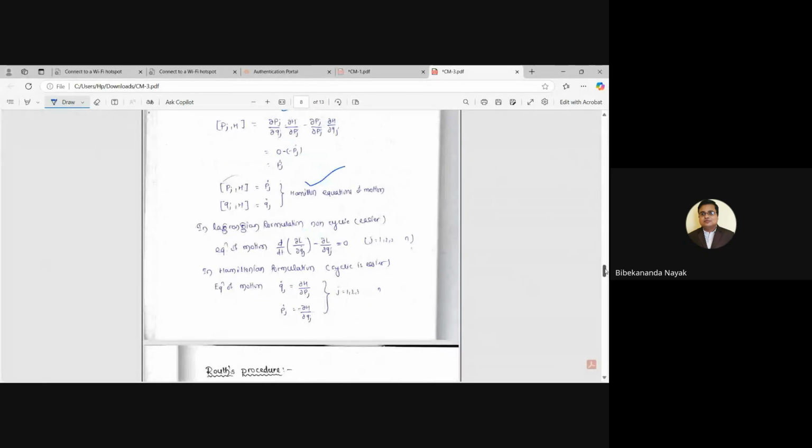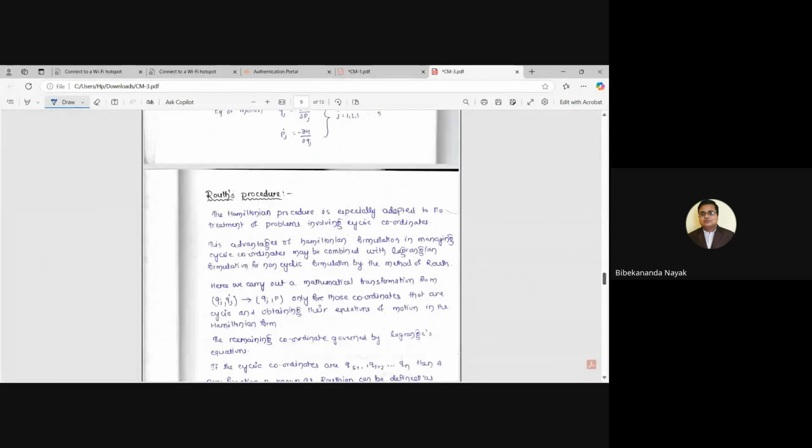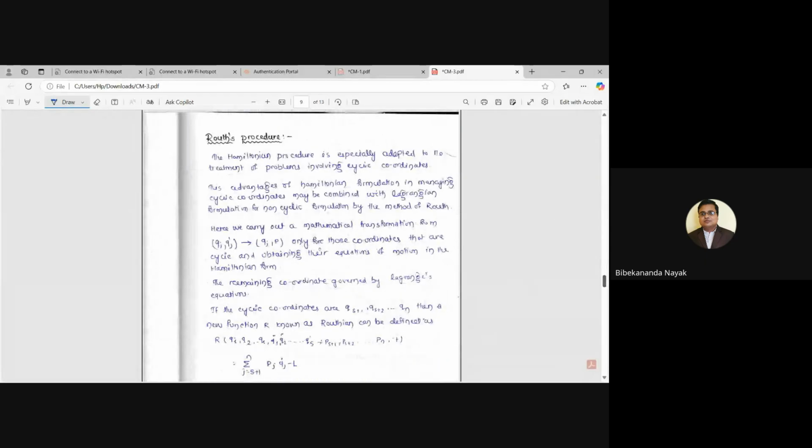Now, Routh's procedure. There is a procedure known as Routh's procedure to solve problems involving cyclic coordinates. Cyclic means it does not appear in the Lagrangian. Routh developed a procedure to solve those problems using the Hamiltonian formulation, because if a coordinate is cyclic, then it also does not appear in the Hamiltonian.